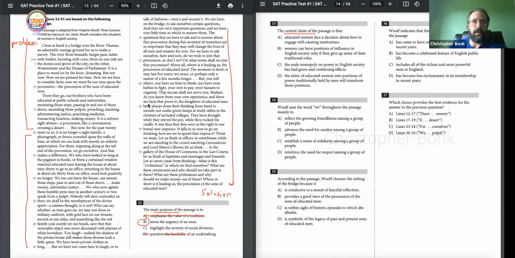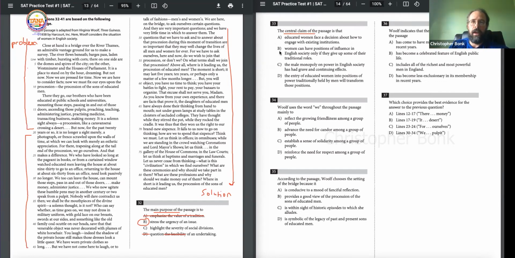However, later on, it does clarify that they have done their thinking, they have done their studying at home, and being able to still acquire knowledge. So in that case, they still are educated. They just may not be formally educated. They had to educate themselves. So A does check out on 33.